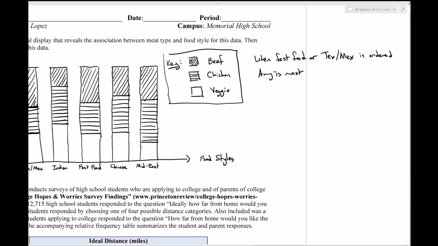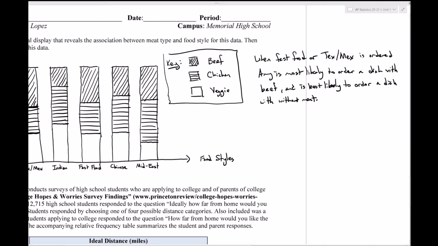So Amy is most likely to order a dish with beef and is least likely to order a dish without meat or vegetarian.